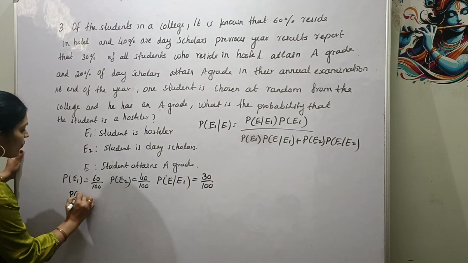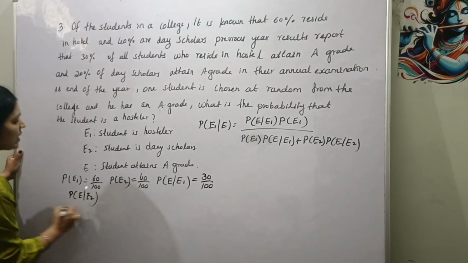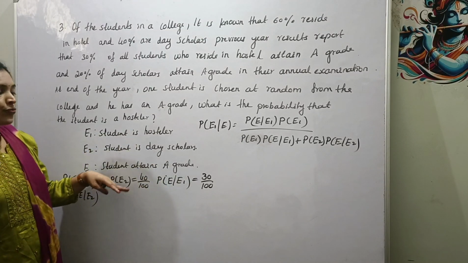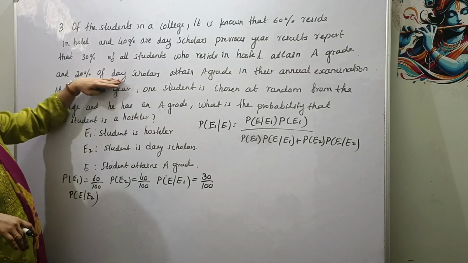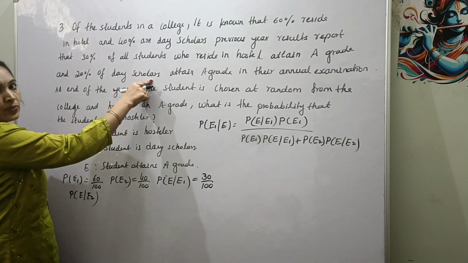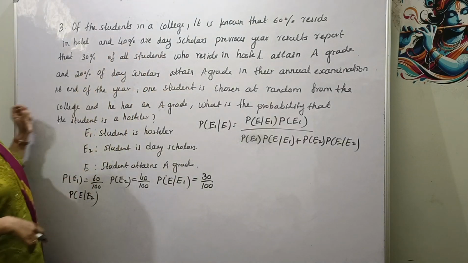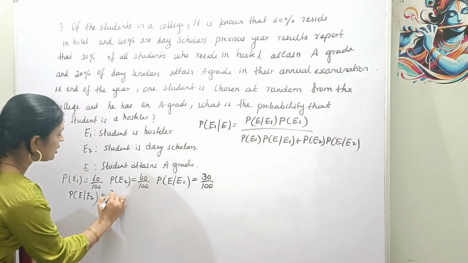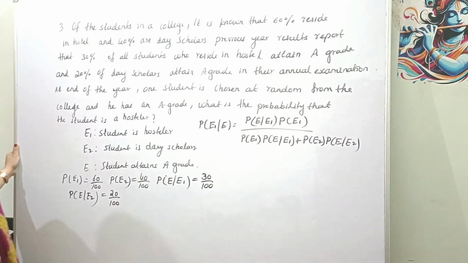And what is probability of E given E2, that is the probability that the student attains an A grade given that he is a day scholar? That is 20%, so probability of E given E2 is 20 by 100.